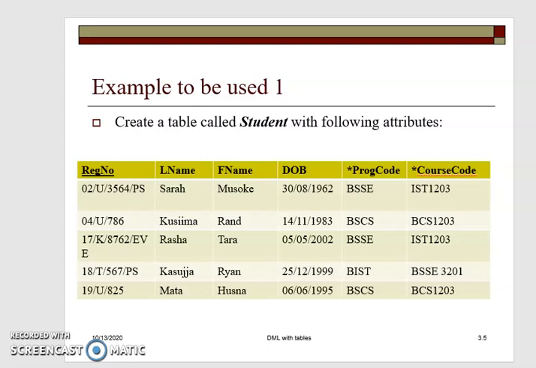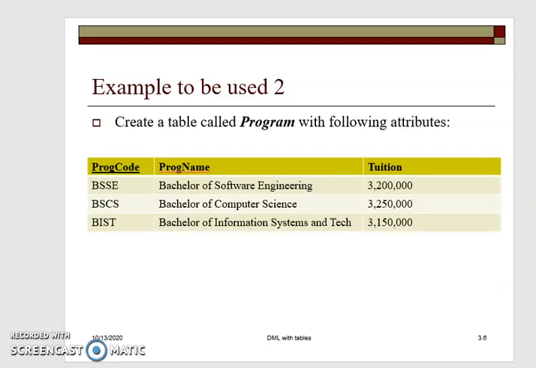In the third video that I sent you, you learned how to create a database, create the table, and also create all those attributes. You're going to do that, and then in DML, we are going to see how we insert the data in the table that you have created.